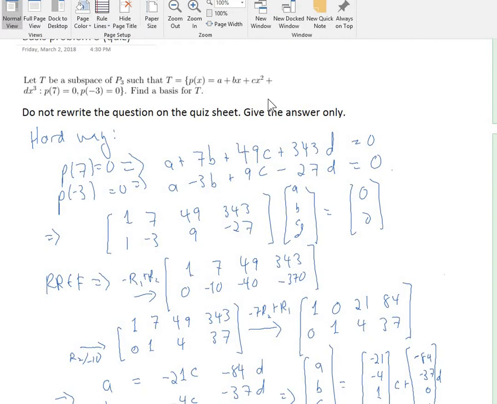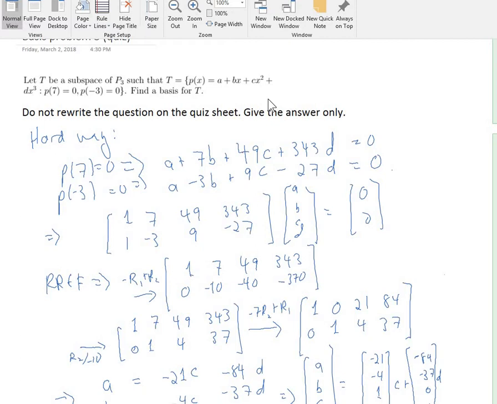Right? That's the expression for P of 7. P of minus 3 equals 0 means I can plug minus 3 in for x, and I get a plus minus 3b plus 9c plus minus 27d, and that gives me 0. All right, so these are the conditions on a, b, c, d that result from the two conditions that were given to me.